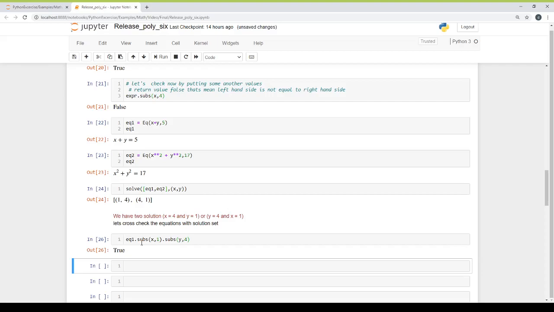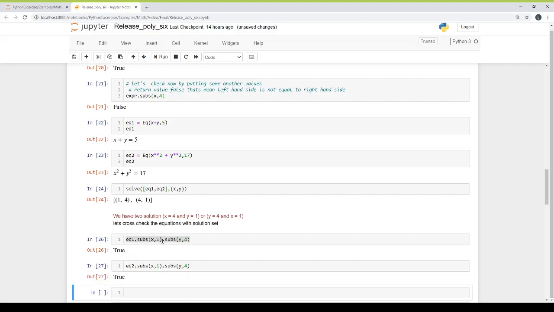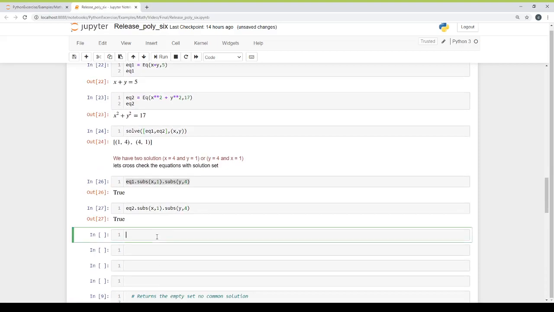That means equation 1 is satisfied with x equal to 1 and y equal to 4. Next check it with equation number 2. This is also true. That means x equal to 1 and y equal to 4 satisfy both equation 1 and equation 2.